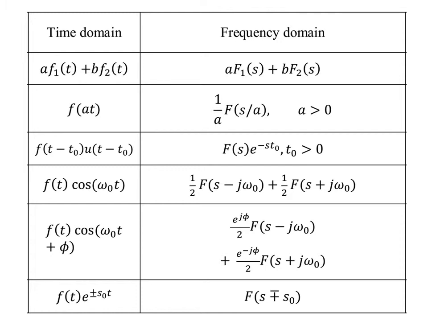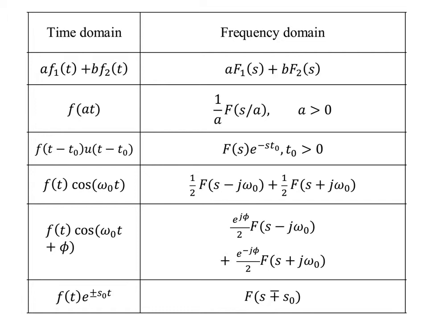Because we're dealing with causal signals, we must be careful. For example, f of t times cosine omega naught t. It looks very much like the modulation property that we had for Fourier transform, except keep in mind f of t is causal here.